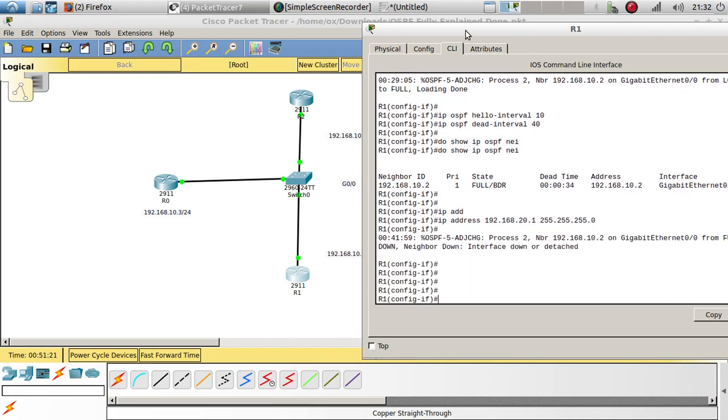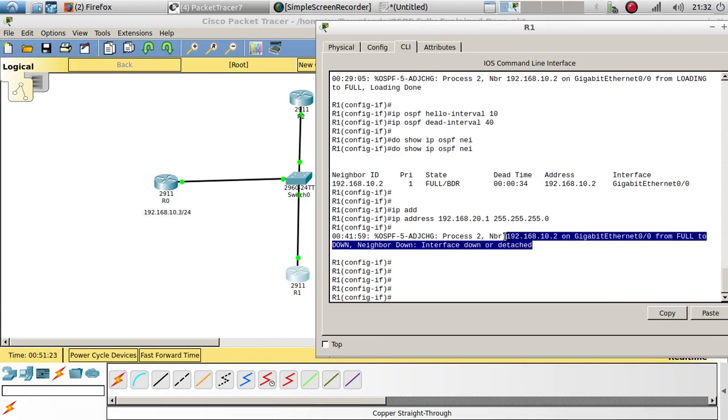You can see that when we configure it, since they're not on the same subnet, it went down. It went from full to down, and the neighbor also went down. You can verify that by doing show IP OSPF neighbor.